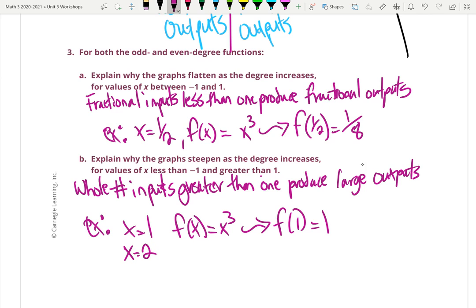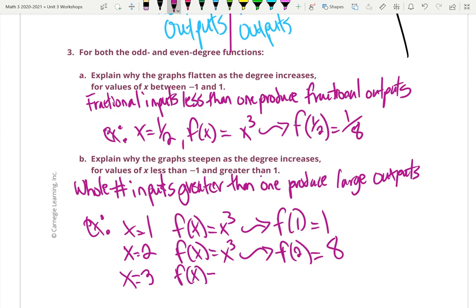When it's 2, when f of x is equal to x to the third, that means f of 2 is going to be 8. And likewise, for the same function, when x is 3, it's going to produce 27, and it's only going to get bigger from there. I've only done the first 3 numbers, but you can tell that it is exponentially increasing.